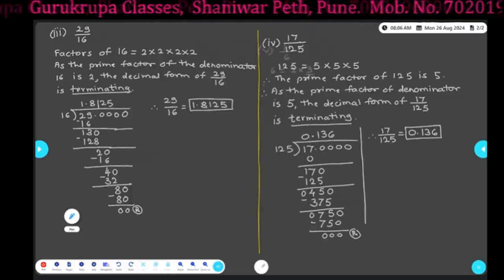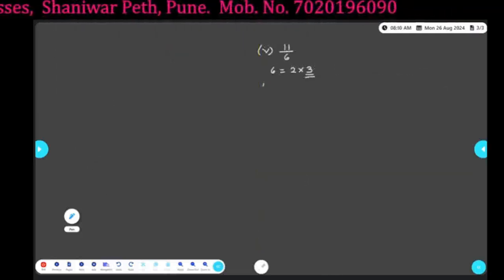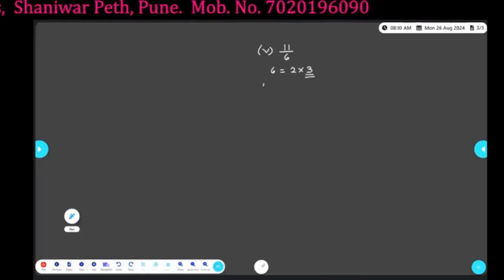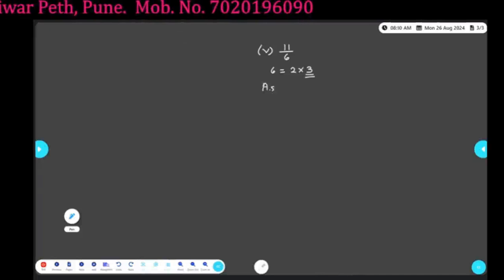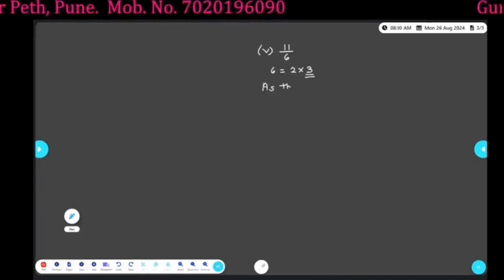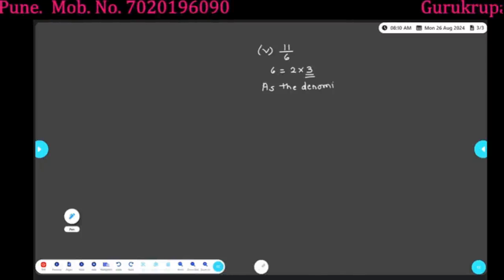Any question? So the next number given to you is 11 upon 6. 6 can be expressed as a product of prime factors 2 and 3, 2 into 3. So as the denominator, here what is your observation?